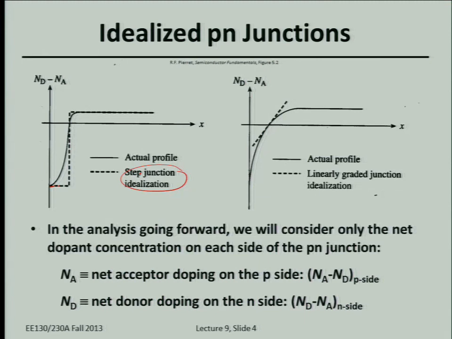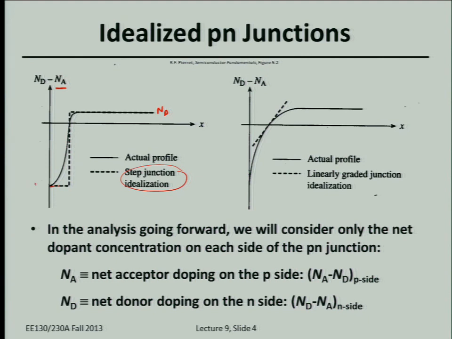On the p side, we have a constant doping concentration of minus Na. Okay, so the acceptors are ionized negatively, so they contribute negative charge density. And then on the n side, we only have to worry about the donor concentration Nd.